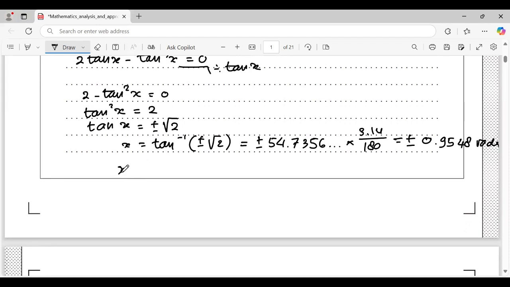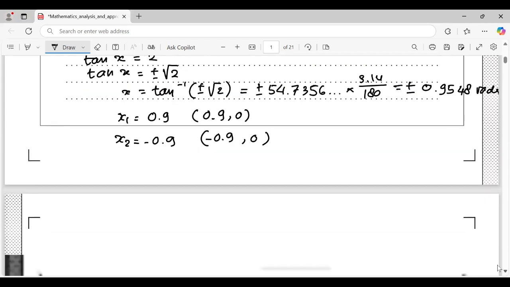So x1 is 0.9, with coordinate point (0.9, 0) because y equals 0, and x2 is minus 0.9, with coordinate point (minus 0.9, 0).